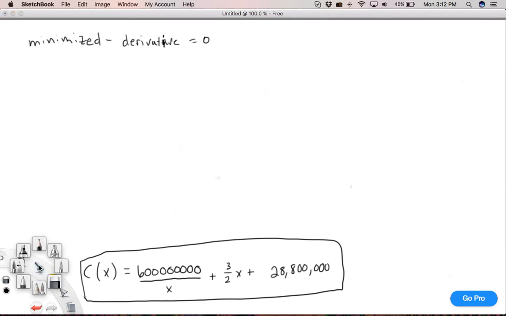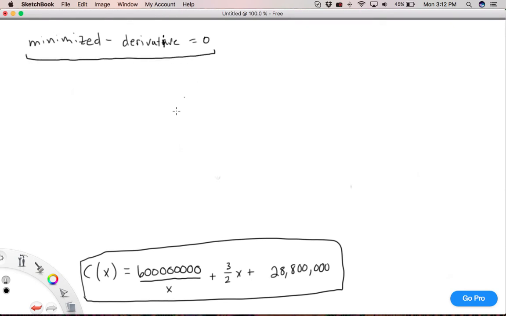Okay, so we kind of get back to this, right? We're actually trying to minimize the cost. So what we're going to do is we're going to take the derivative of our cost function, and we're going to set it equal to 0.